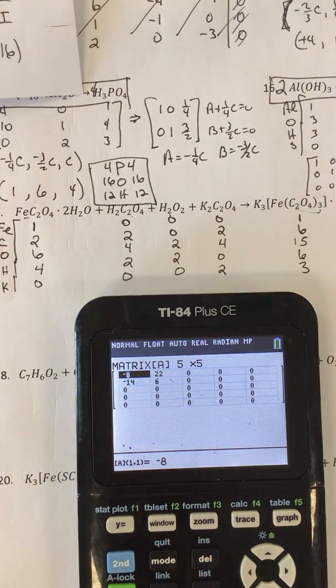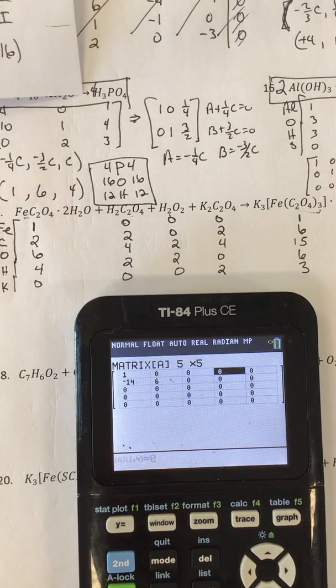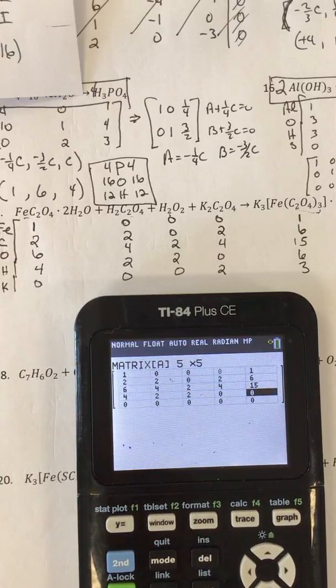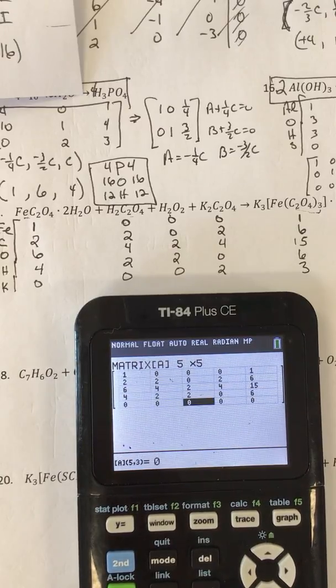So we've got 1, 0, 0, 0, 1, 2, 2, 0, 2, 6, 6, 4, 2, 4, 15, 4, 2, 2, 0, 6, and 0, 0, 0, 2, 3.